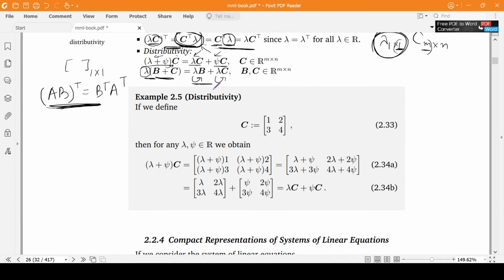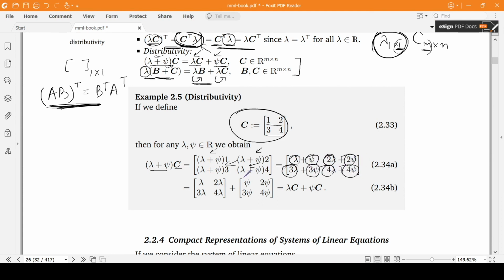The above distributive properties are proved here. Just to take you on a short walkthrough of this proof, it's basically taking a matrix 1 2 3 4 and then calculating lambda plus psi times C, multiplying the corresponding entries with the same lambda plus psi value, and then breaking it down into these terms: lambda, 2 lambda, 3 lambda, 4 lambda, and psi, 2 psi, 3 psi, and 4 psi.